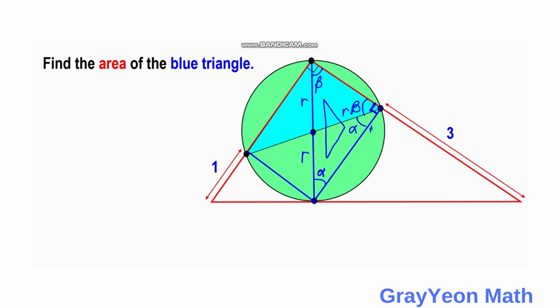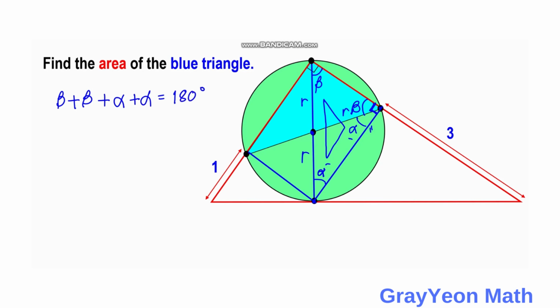In any triangle, the sum of the angles is equal to 180 degrees. So if we focus on this blue part, we have beta plus beta plus this green, alpha plus alpha equal to 180 degrees for all triangles.